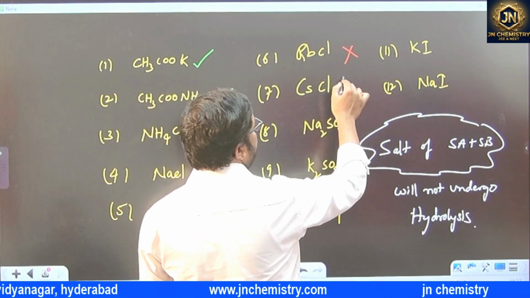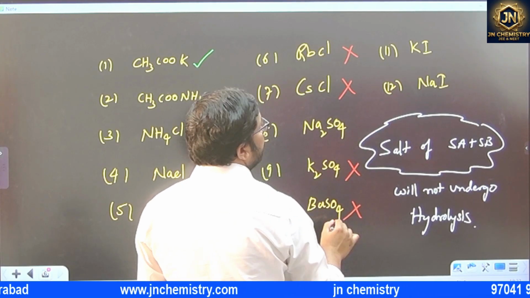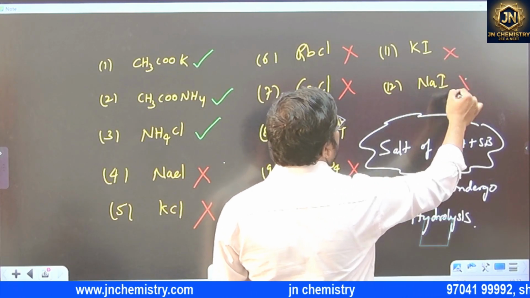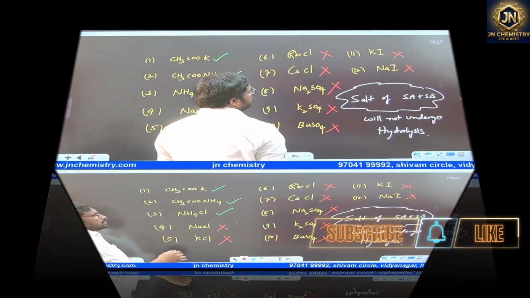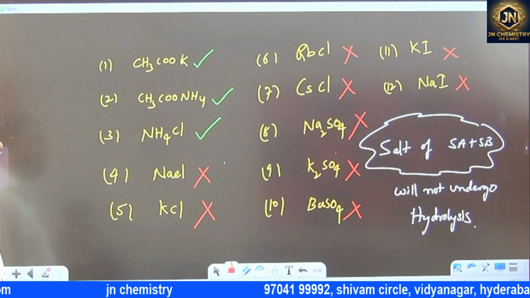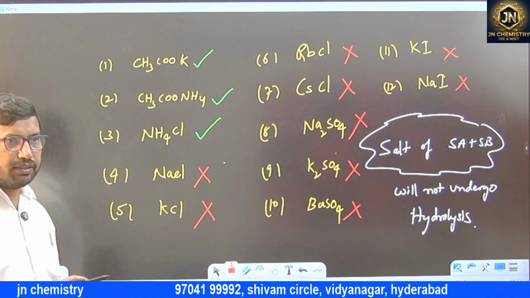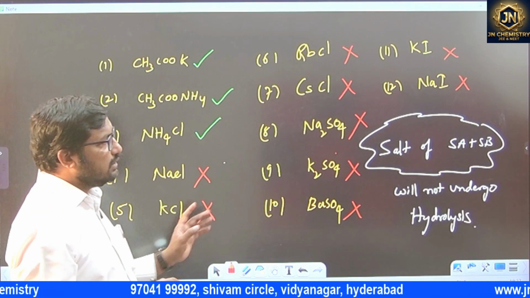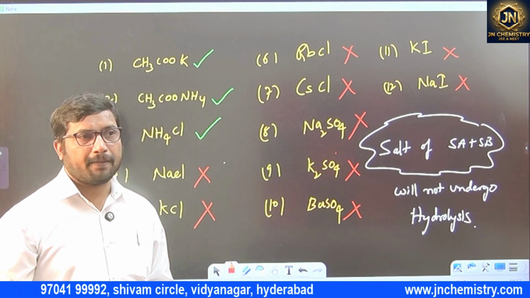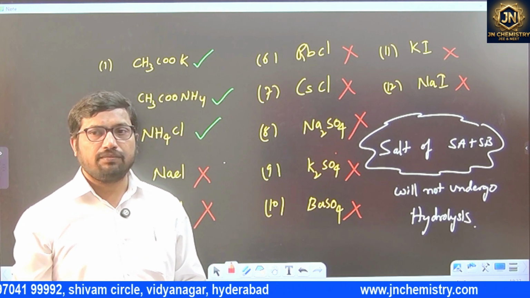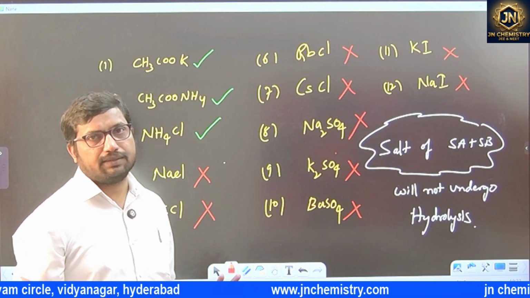Na2SO4 also strong acid, strong base. So salts of weak acid and weak base also undergo hydrolysis, but salts of strong acid and strong base will not undergo hydrolysis. What is the reason? Reactions are moving from strong to weak, but not weak to strong. That would be the reason.